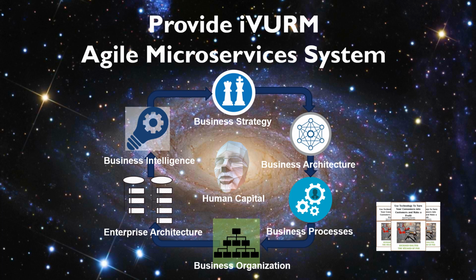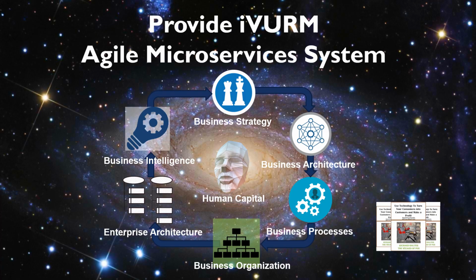But what happens is it allows you to take your business strategy, focus it through value streams, identify the processes, the people, and the architecture necessary to execute that value stream, and the business intelligence necessary to monitor that, making sure you stay tightly focused to what the people at the top want. And then there's a new one bringing in human capital, so that human capital is an integral part of all of this.